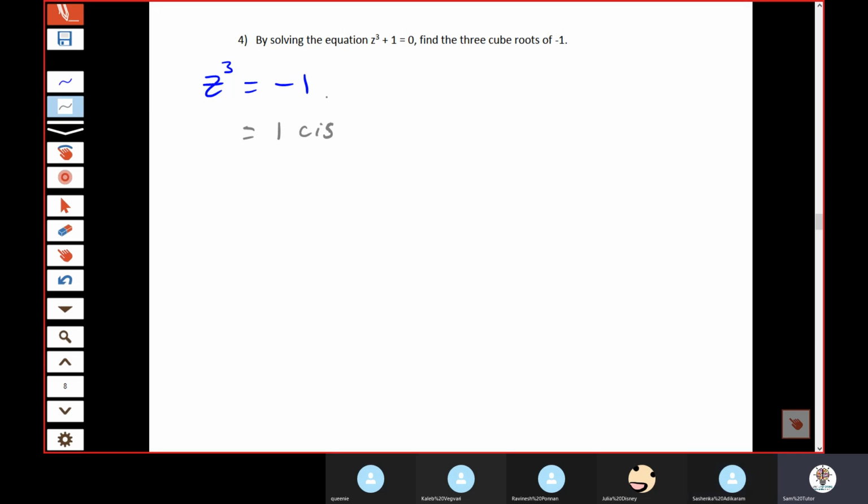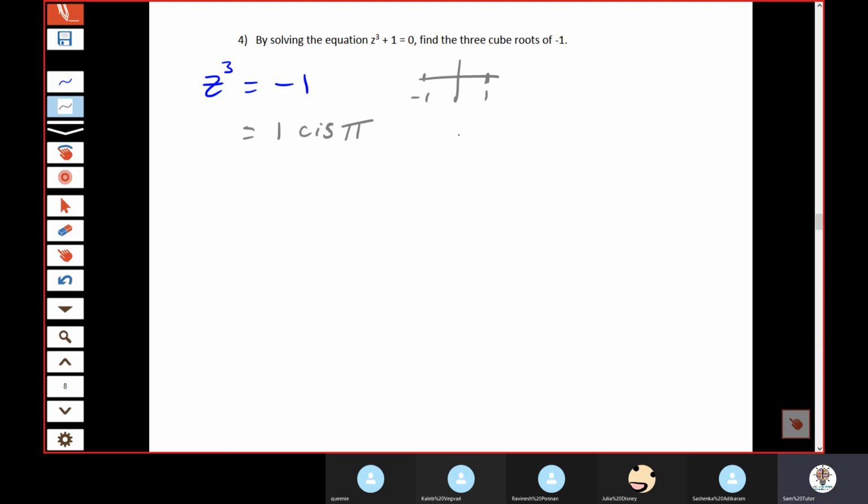Do you know it cannot be? Think of the location of this. Remember, always draw. 180. It's good. Exactly. So when you said 1 cis 0, that's there. -1 is all the way to the left side.